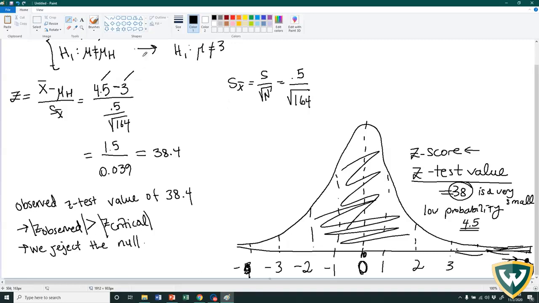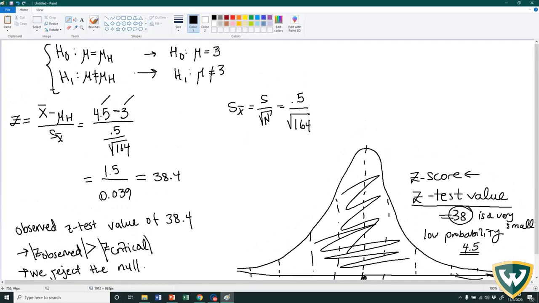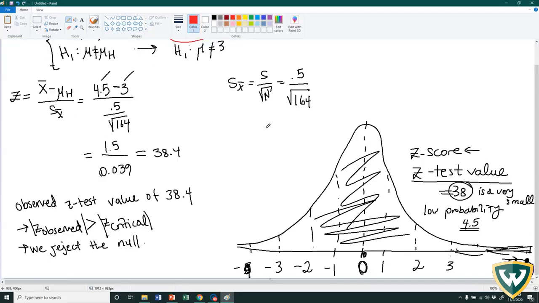What was our null? It's that mu is equal to 3, right? So when we reject the null, we can say that mu does not equal 3.